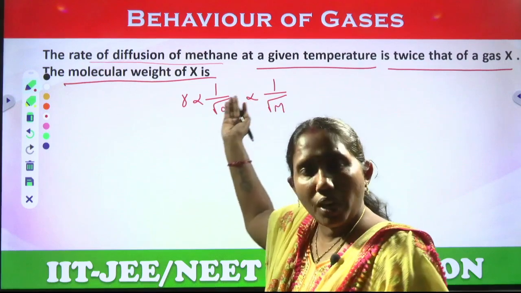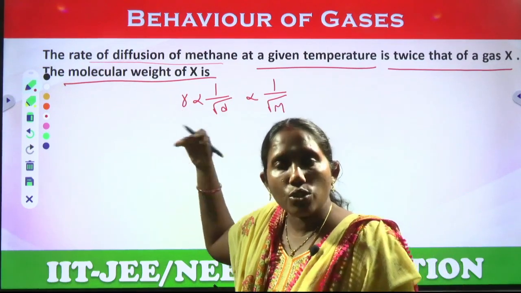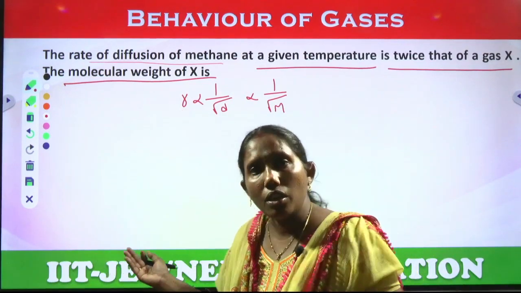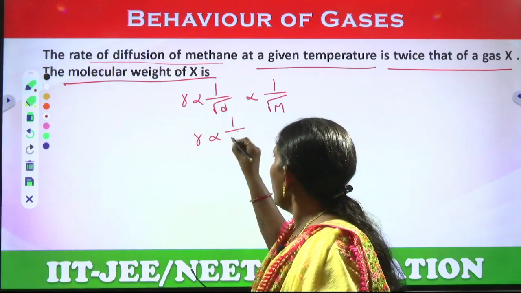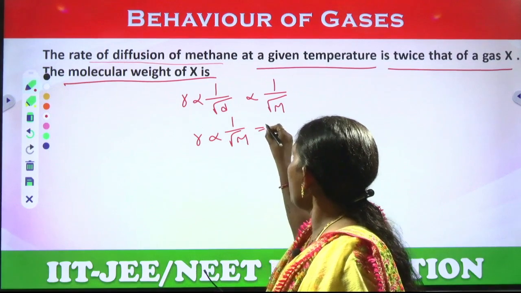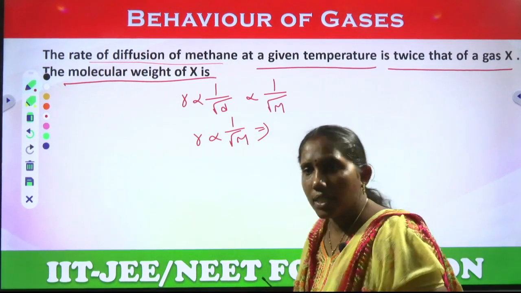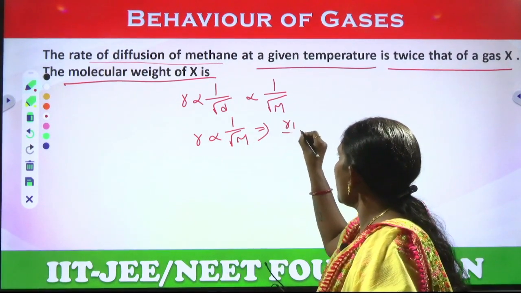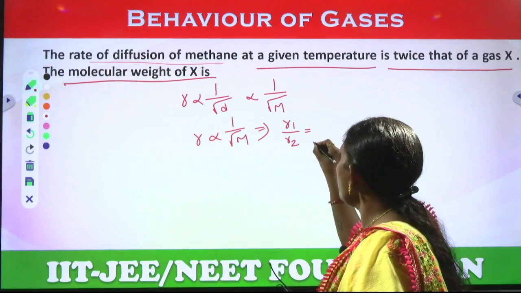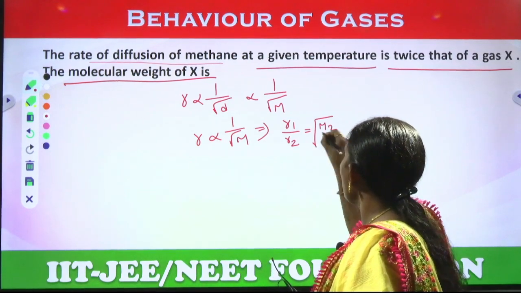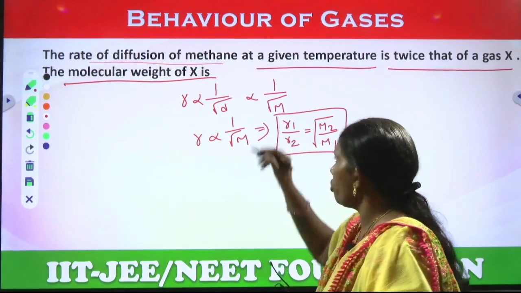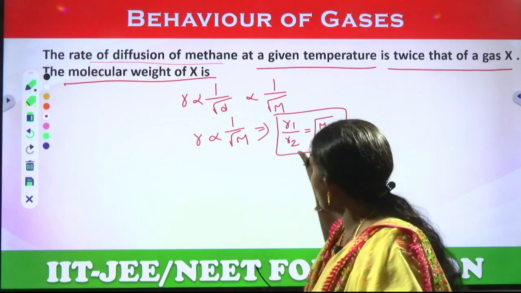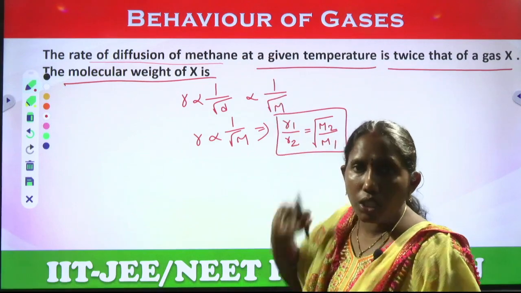But in the problem they are talking about molecular weight, so I am taking the relation directly for the molecular weight. So when we are comparing for two gases, we can take R1 by R2 equal to root of M2 by M1. Now this is the relation between the rate of diffusion and molecular weight. Now using this formula we have to solve this problem.